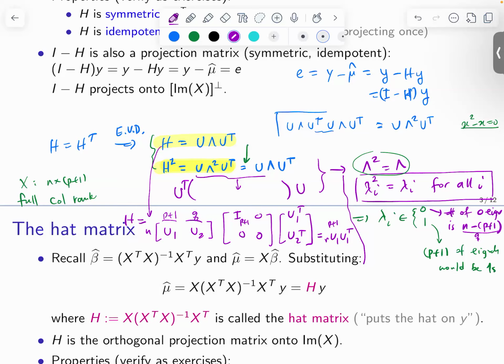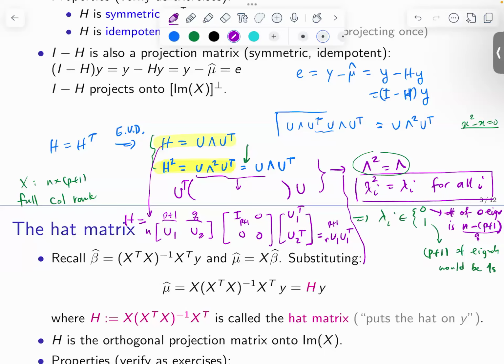You can do the same for I minus H, because that's a projection matrix, but for I minus H, the zeros and ones are flipped, because the dimensions are flipped. Okay. So you go through this, you learn a lot. Yes? Why do we not show the zeros, n minus 1, I guess?